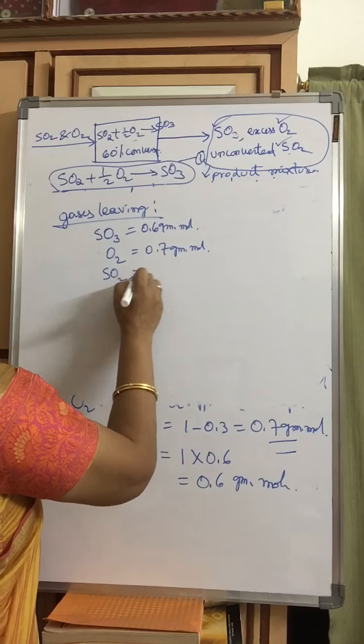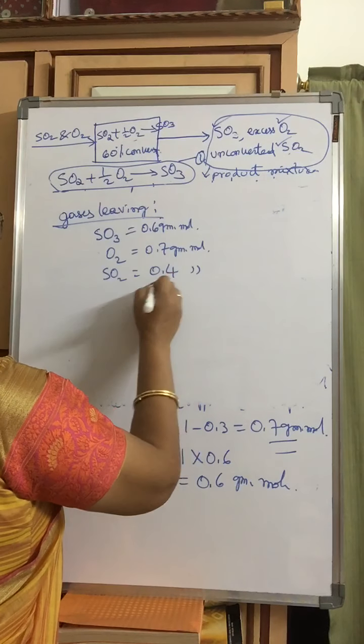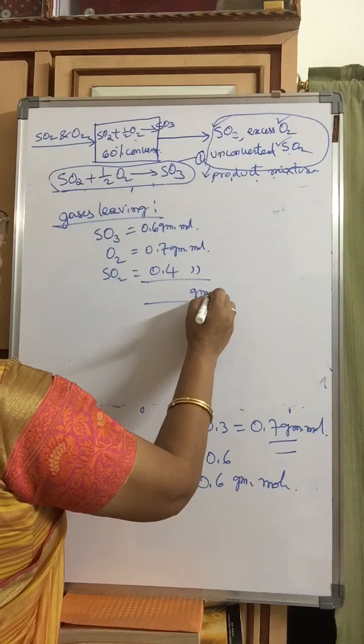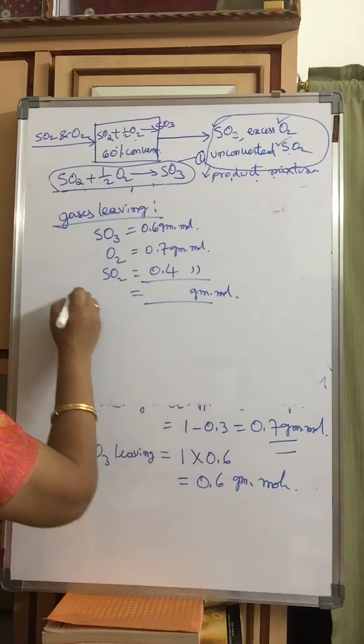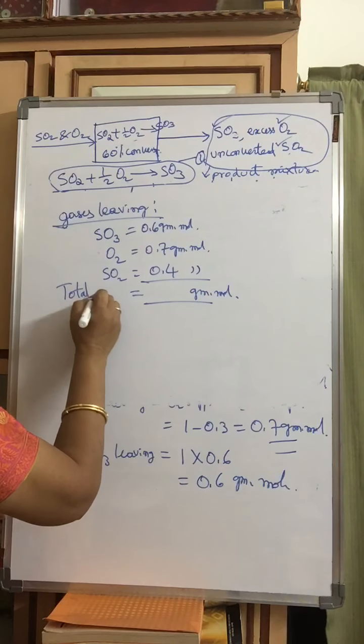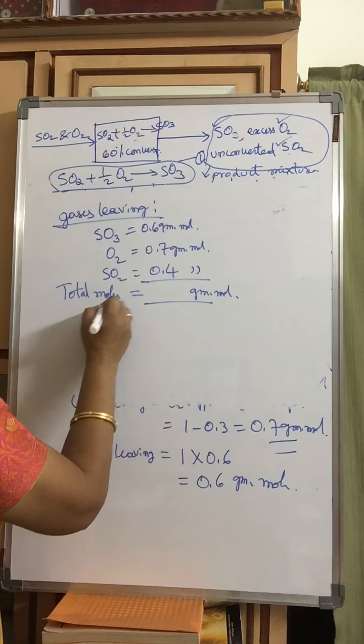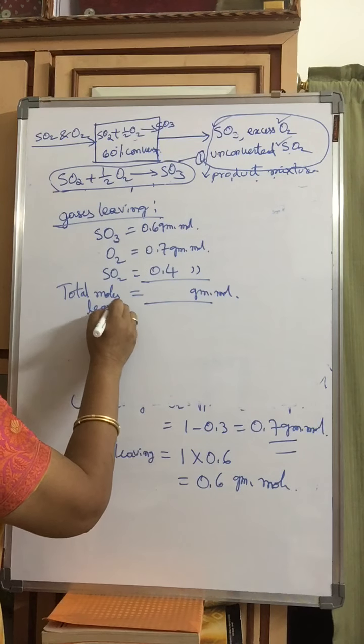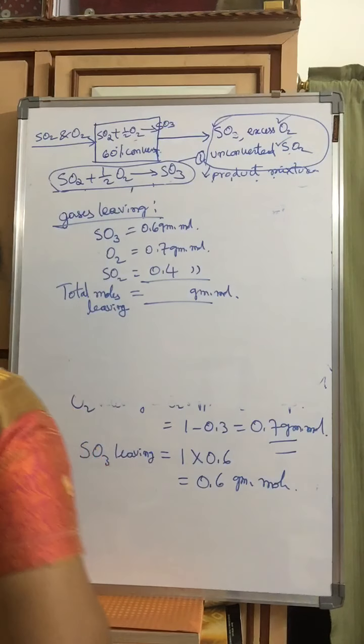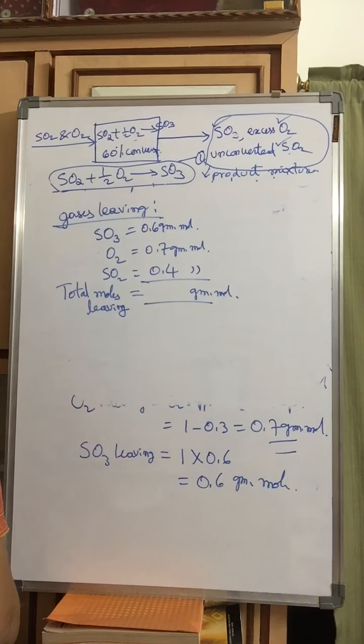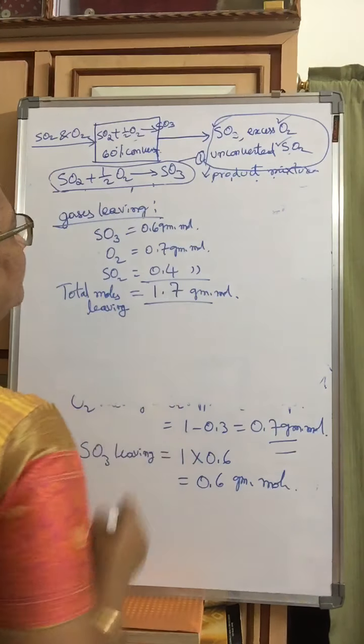Then SO2, 0.5 gram moles. You will get the total gram moles. Total moles leaving is 1.7.